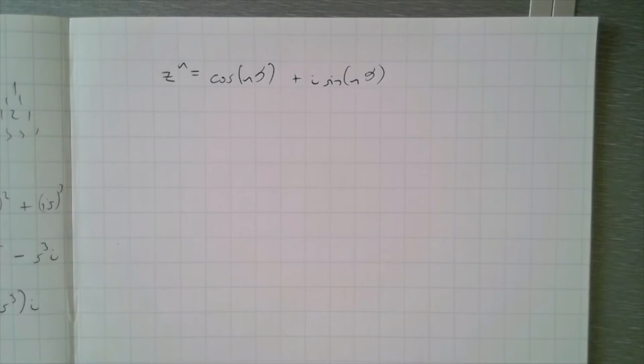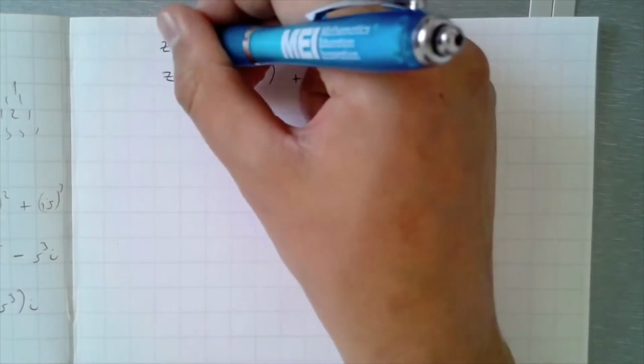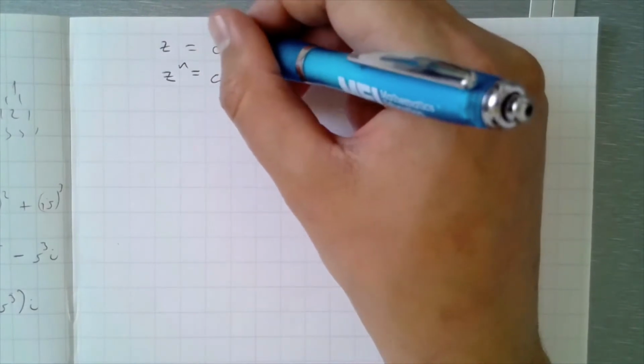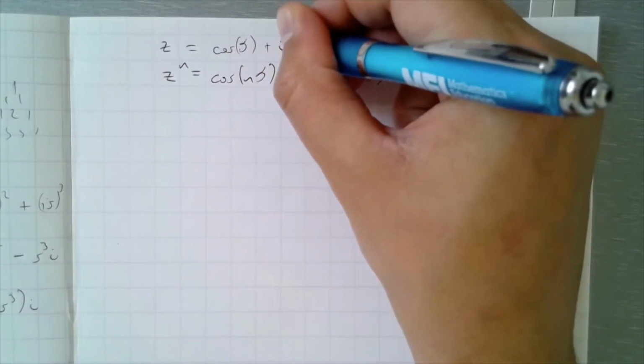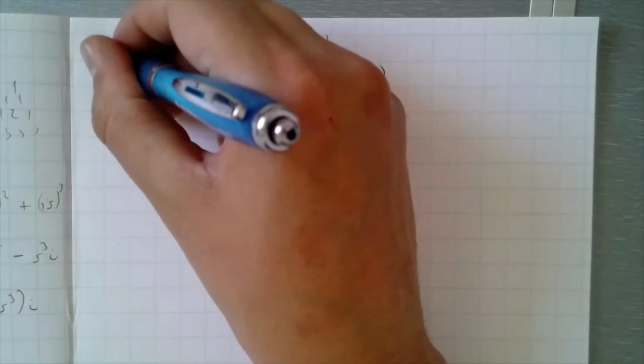So what we're going to have a look at next is 2 forms of cos n theta and sin n theta, which are going to help us with our next problem. What I've written down on the page isn't news to anybody. It's just De Moivre's theorem. So if z is cos theta plus i sine theta, then this is true.